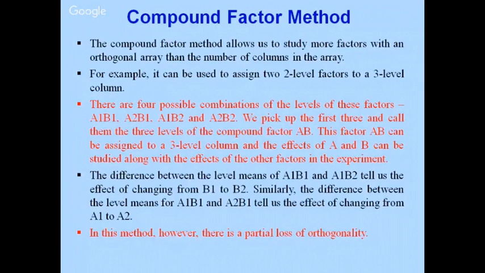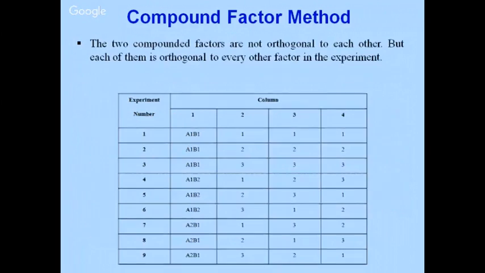Similarly, if you eliminate the first one, you take the last one, you will be able to study A2 to A1 from this and B1 to B2 using first and third. Just go through it. You will be able to understand it. So this is how 2 factors have been assigned to a single column.